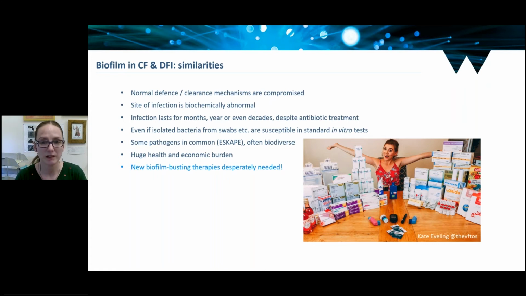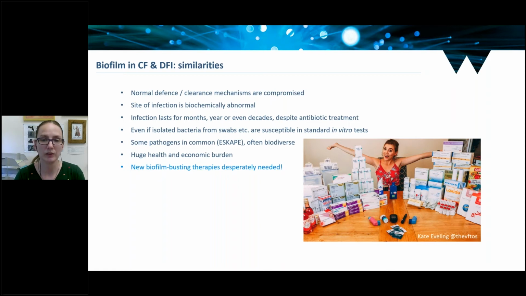The burden of diabetes is even bigger, so you're looking at just under 400 million people have diabetes worldwide. About 10% of them will get an ulcer on their foot or leg that becomes infected. Many of those, that infection will be essentially completely untreatable, completely resilient to any antibiotic.